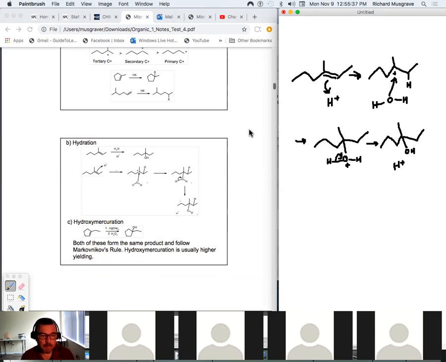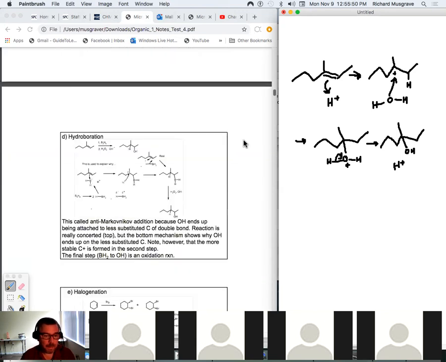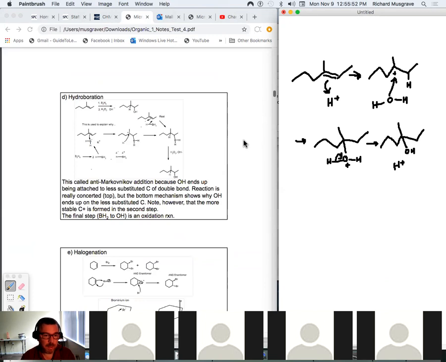So we know with hydration that the OH does end up on the C that has the most Cs connected to it. But wouldn't it be nice if we had a reaction where the OH would end up on the other C? And we actually do, and it's called hydroboration. We call this anti-Markovnikov addition because the OH ends up on the least substituted of the two carbons.